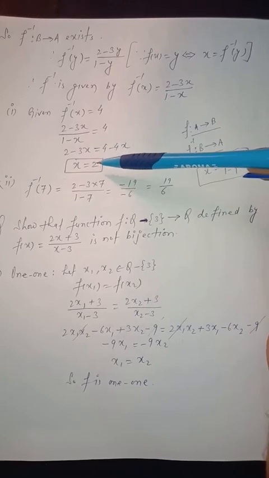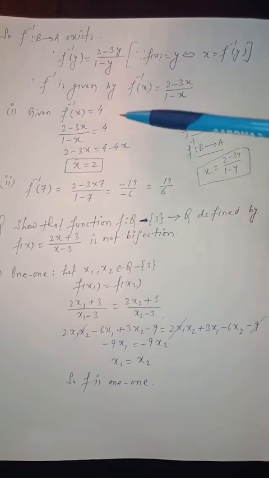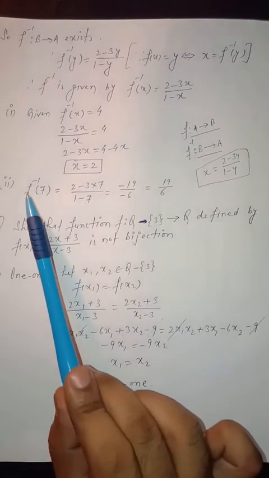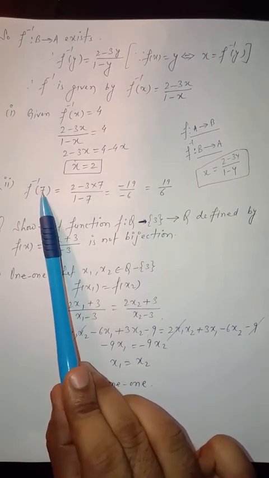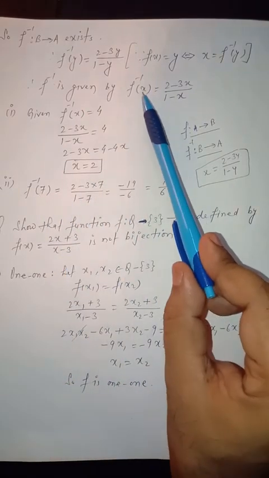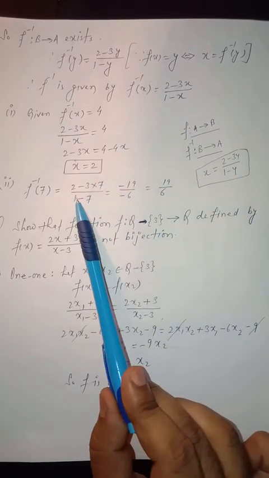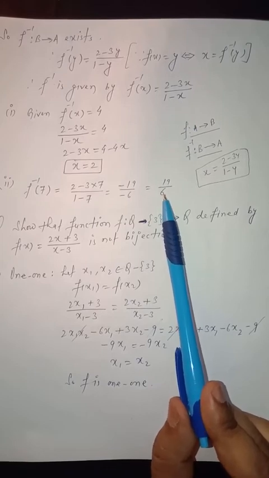So when x is 2, f inverse(x) will be 4. And one more point here: what is f inverse(7)? For f inverse(7), replace x by 7. So everywhere in place of x we write 7. So f inverse(7) will be 19/6. I hope it is clear.